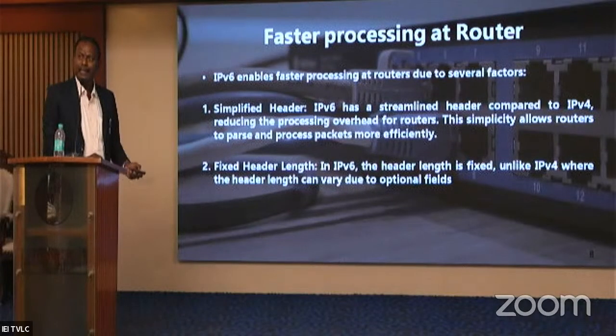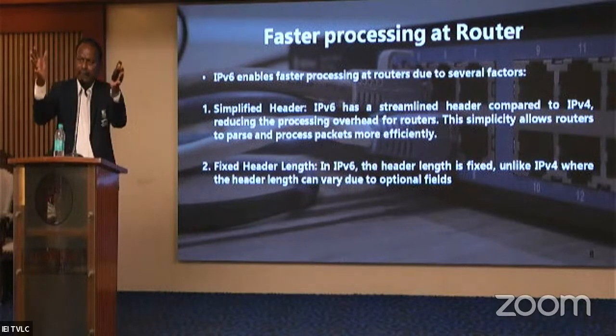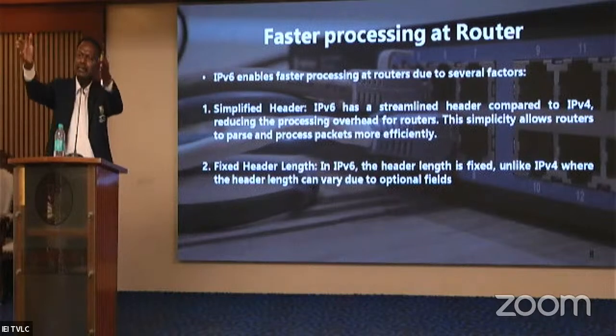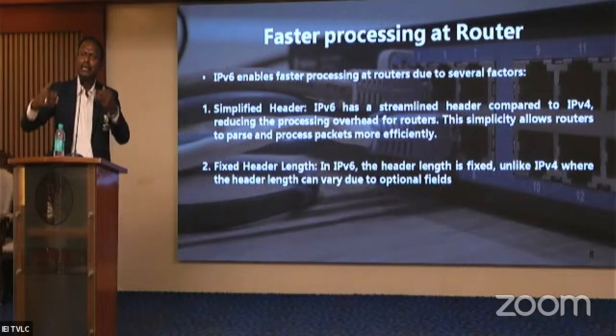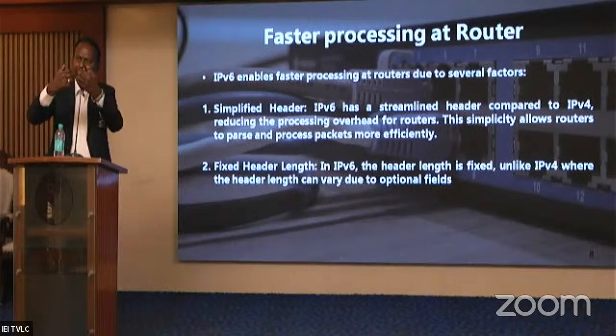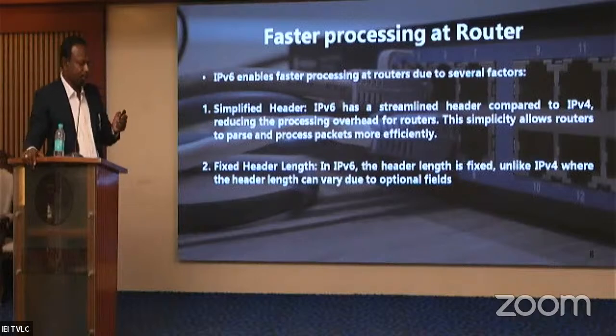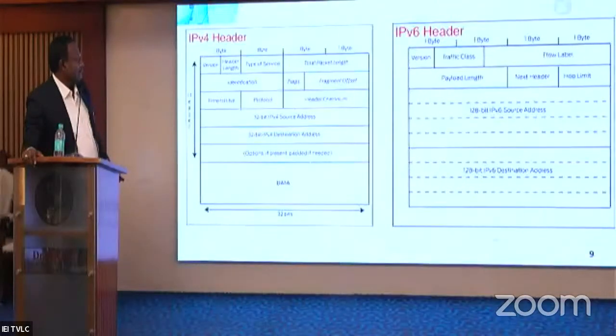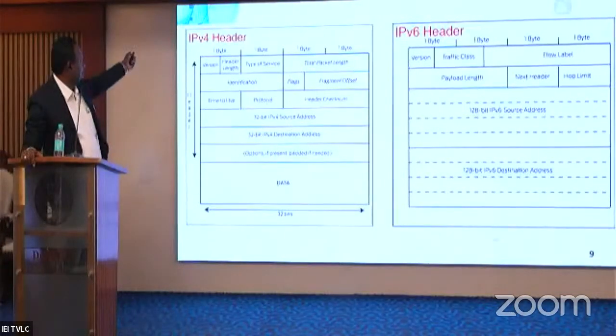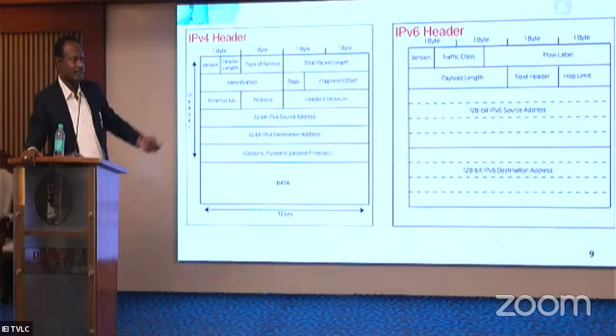Because of the simplified header, that is the addressing scheme to say what the destination address and the source address are, the router handling the particular packet will easily deliver the content to the destination. And this is the difference between the IPv4 header and the IPv6 header.